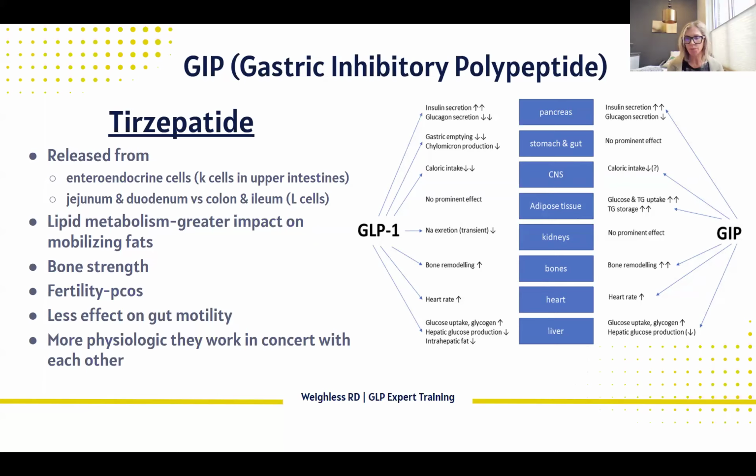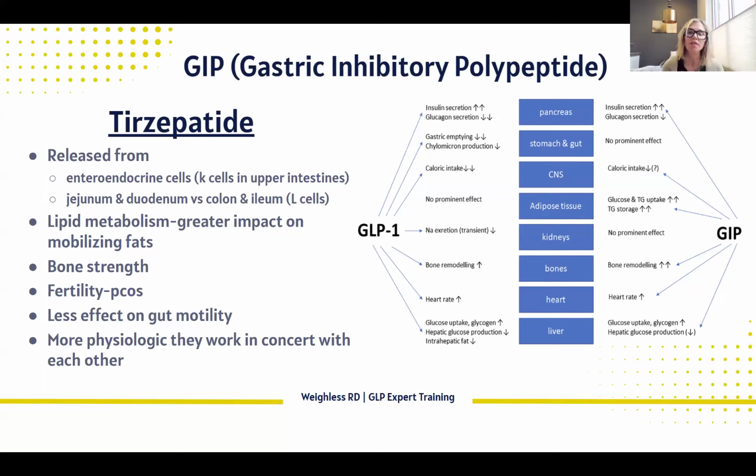So fertility improves when certain patients with PCOS start to lose weight, things in that category. The other really important thing about tirzepatide is that it has less of an effect on gut motility. Obviously, some of the most significant side effects people experience are GI side effects.